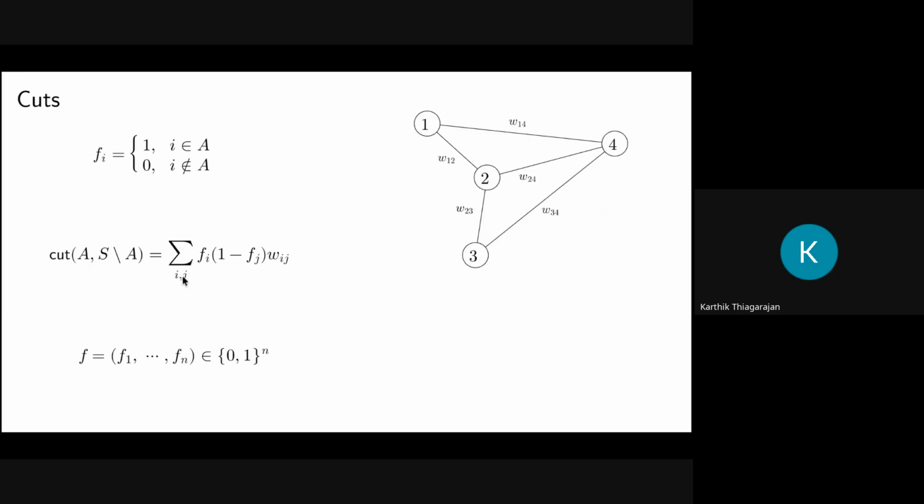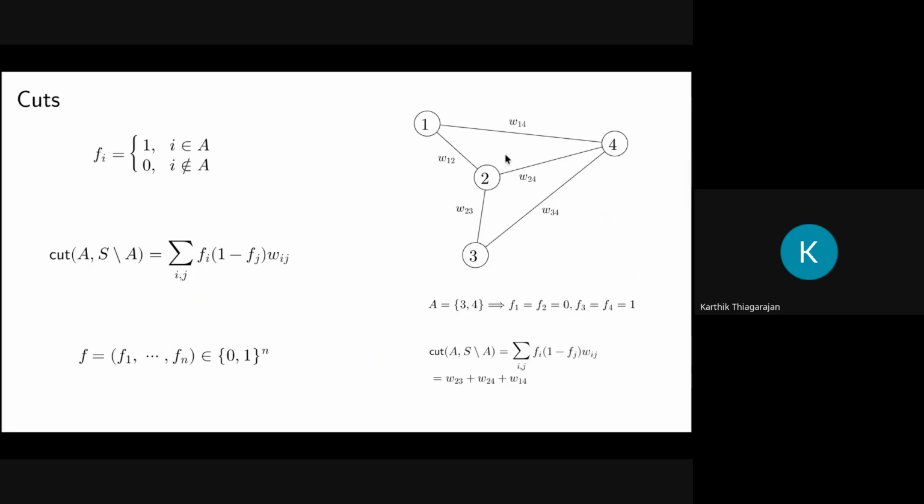As an example, if you have a graph like this, and you look at A as {3, 4}, then f3 and f4 are 1, and f1 and f2 are 0. For the value of the cut for A, you can either evaluate this formula, or you can just eyeball it. 3 and 4 are in one set, so the weight between them is not going to matter.